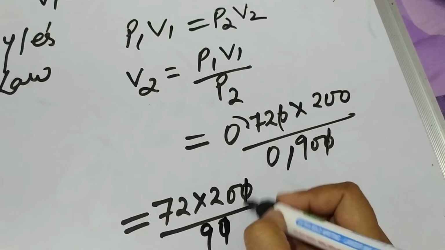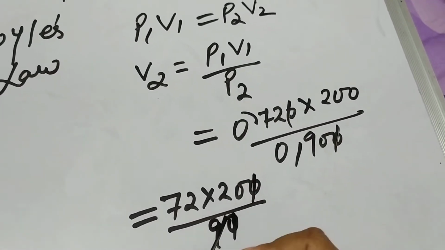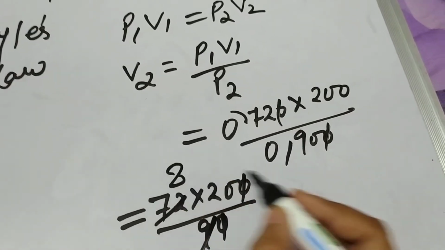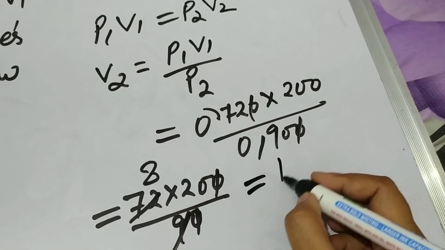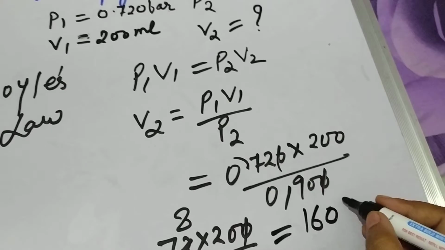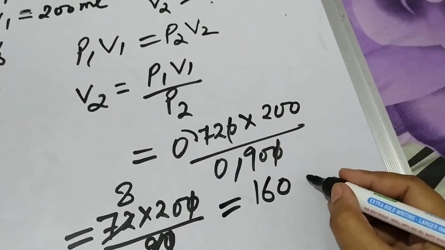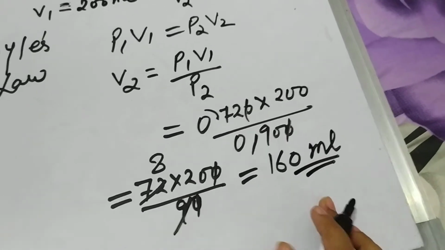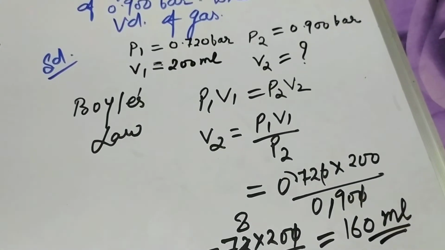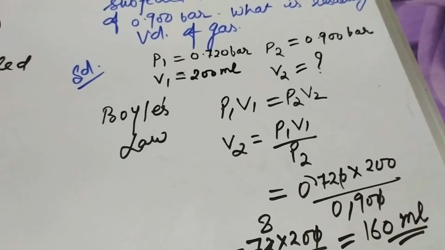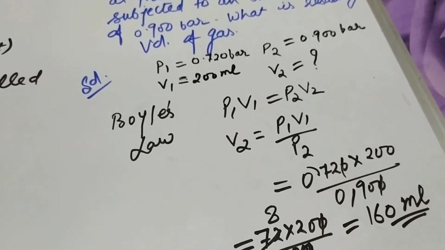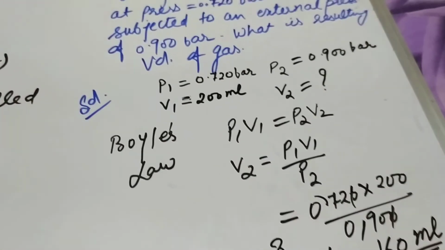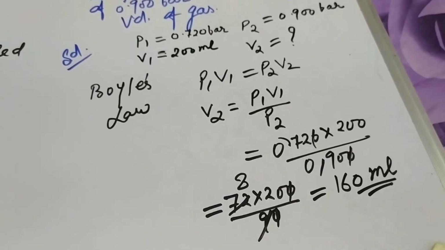Now again a 0 will be cancelled out, 9 8s are 72, and that will come out to be 160, and the unit will be same as V1 because we have to find the answer in the same unit. So the final volume that will be occupied by the gas is 160 ml. So this is the answer of this numerical.